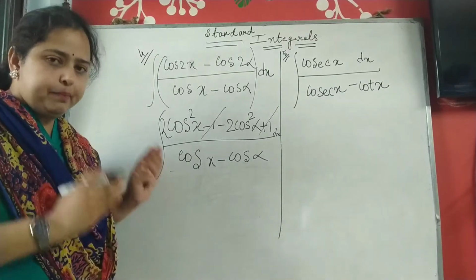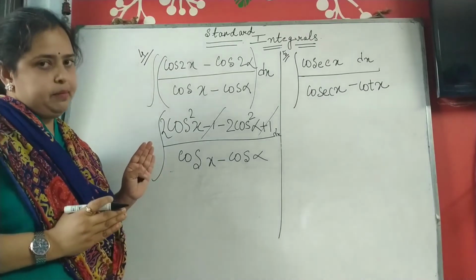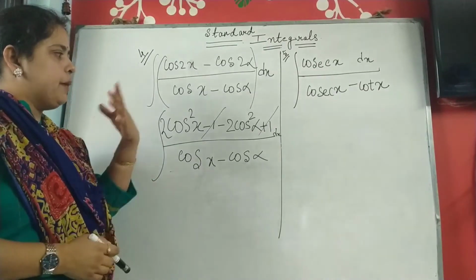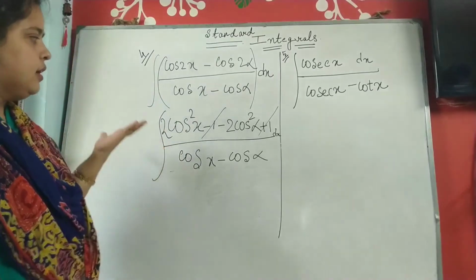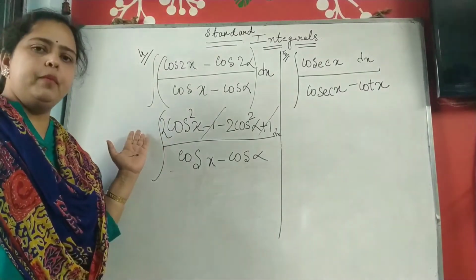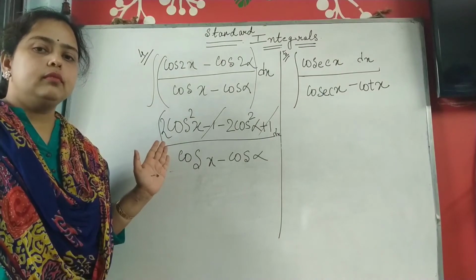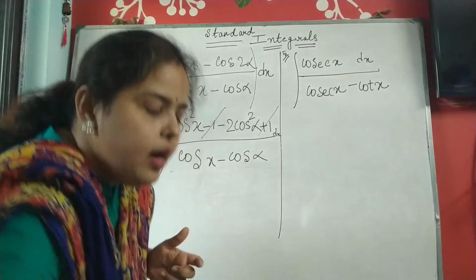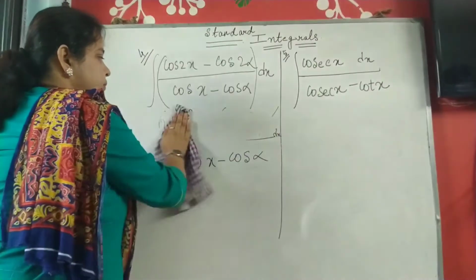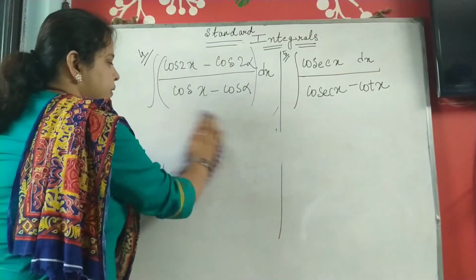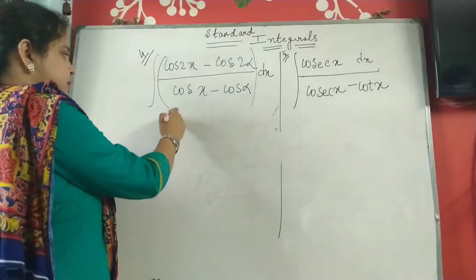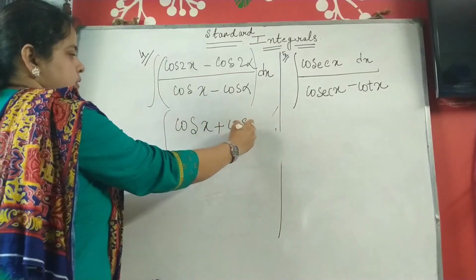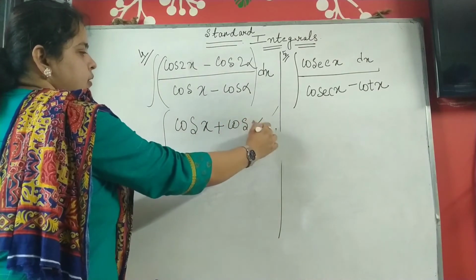So what is that? a plus b into a minus b. So keeping in mind the formula to be applied here, one factor from the numerator and the denominator cancels down. Okay students, so after cancelling, what are we getting? I am going to get only the factor present in the numerator, that is cos x plus cos alpha.